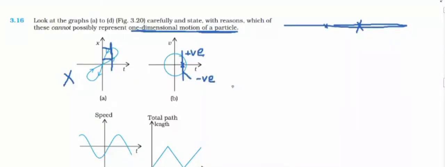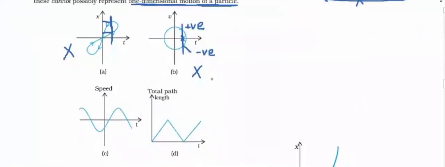Is it possible to have positive velocity and negative velocity at the same time for a particle in one-dimensional motion? Not possible. The particle can travel in one of the directions. That's it. So therefore, this graph is not applicable. What is the reason? It is not possible to have two directions for the velocity of a particle in one-dimensional motion at a single value of time.